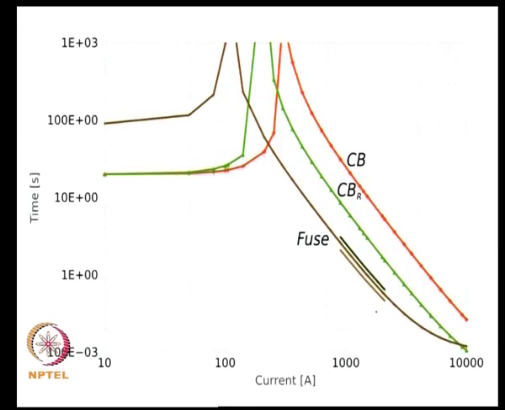So, what is shown over here is the characteristics of the circuit breaker closer to the substation, the recloser and the fuse, and you can see the nature of the characteristic. You have almost a flat line over here, but then closer to the definite time characteristics the curve starts flattening out.